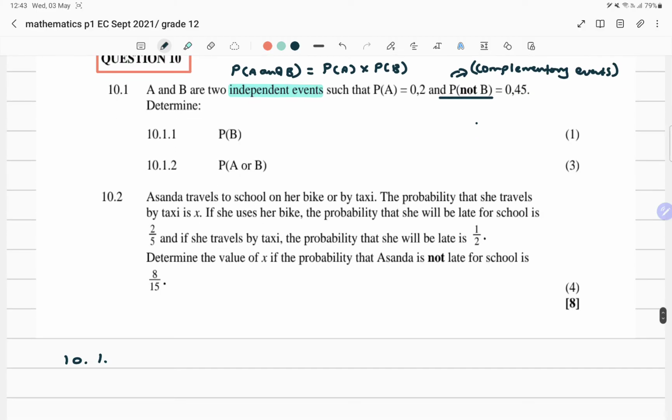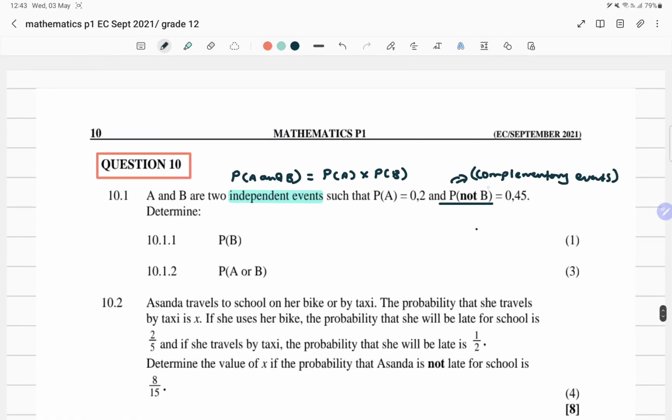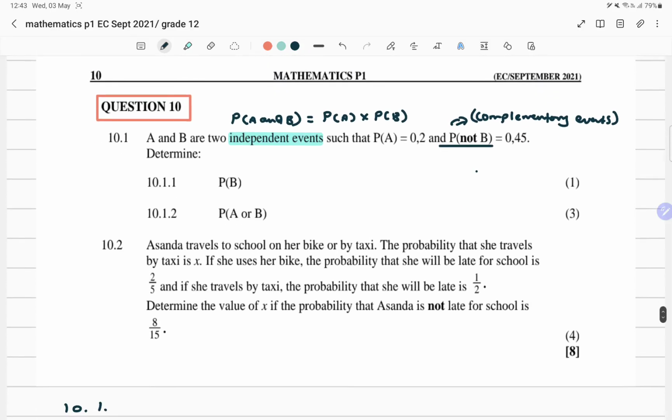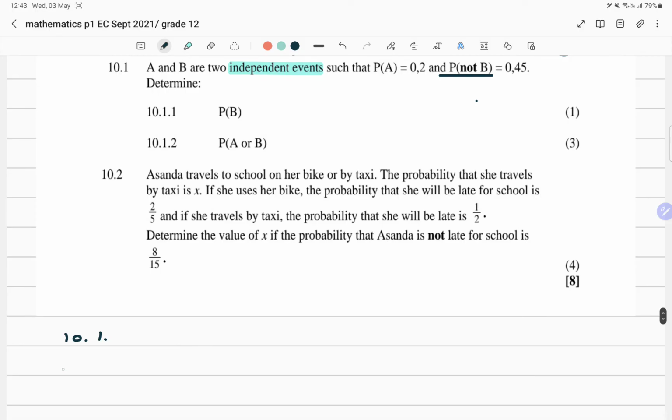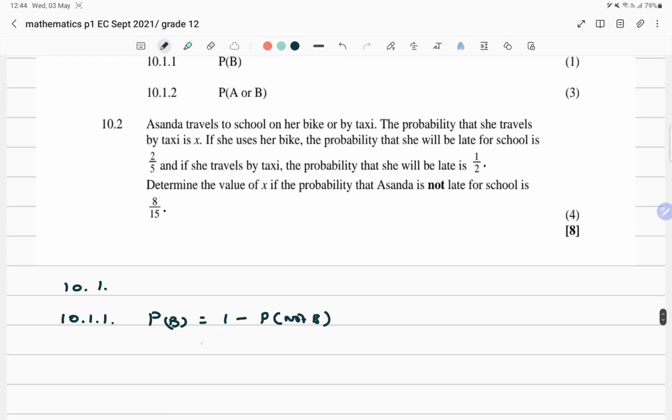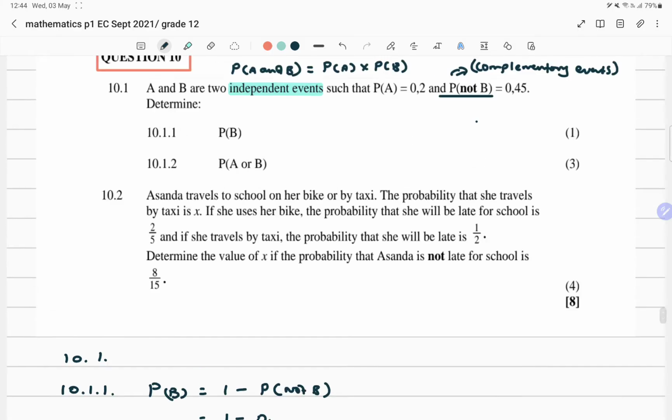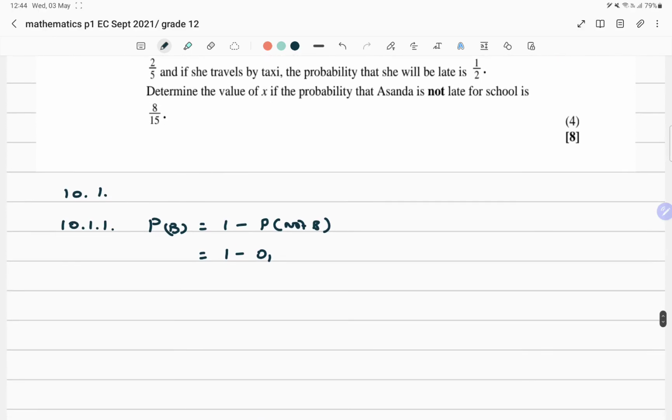So it says determine the probability of B. Obviously, we were given its complement, so we can work it out. So we're going to have 10.1.1. We know that the probability of B is going to be 1 minus the probability of not B, okay? Because they are complements of one another. So it's 1 minus 0,45.